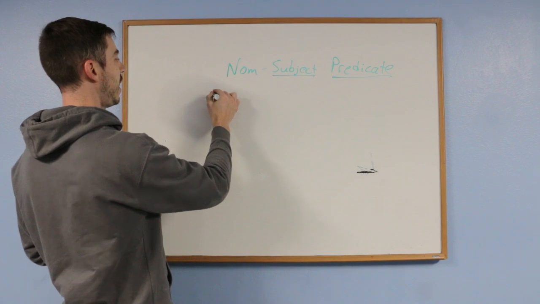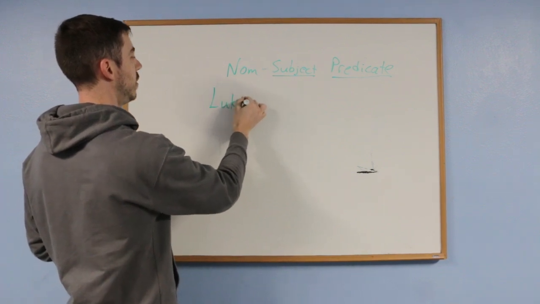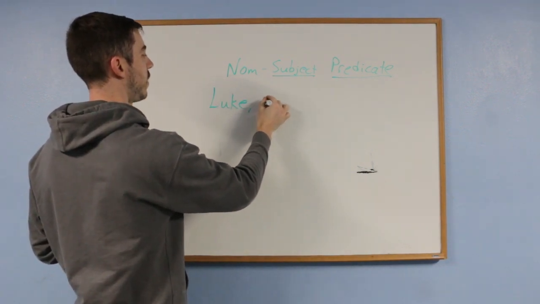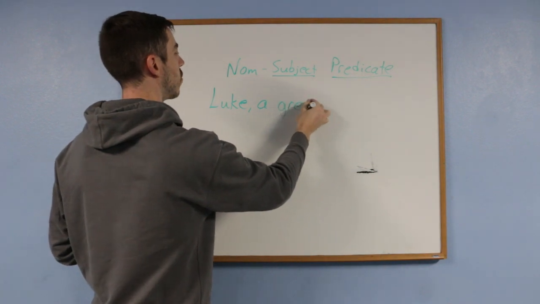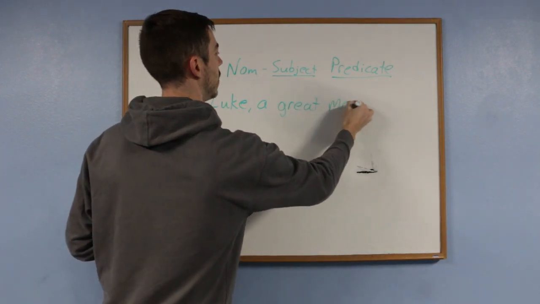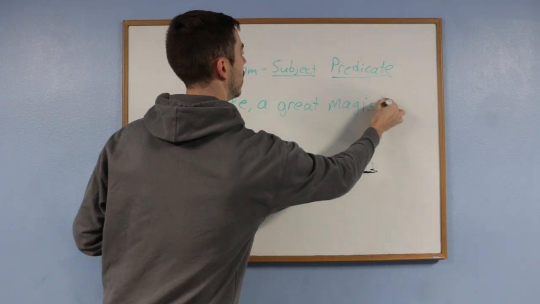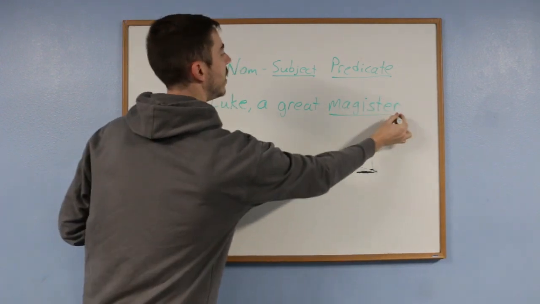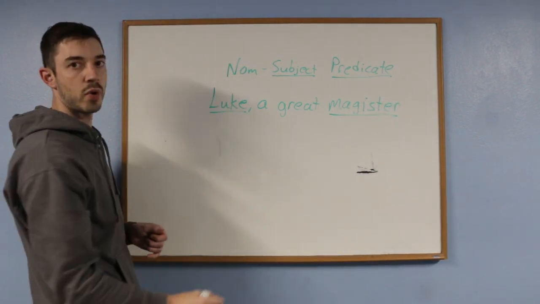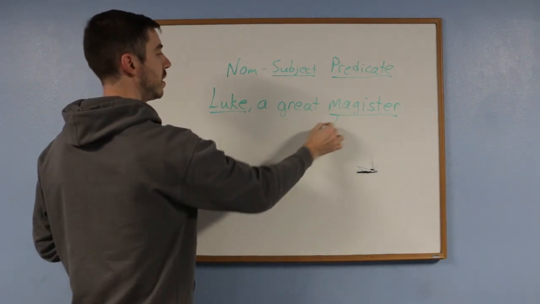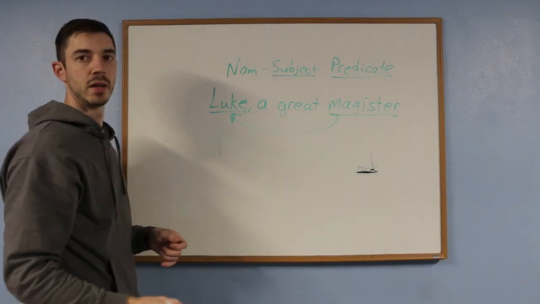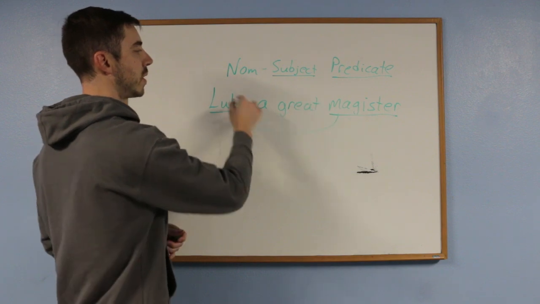So we could say Luke, comma, a great magister, and this is a predicate because it's describing the subject.